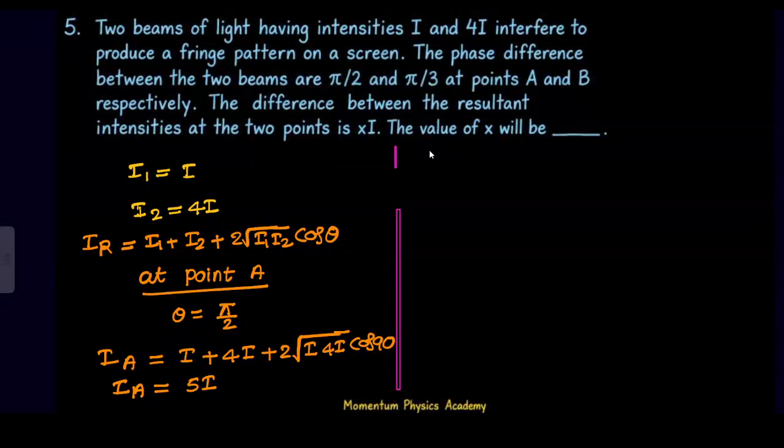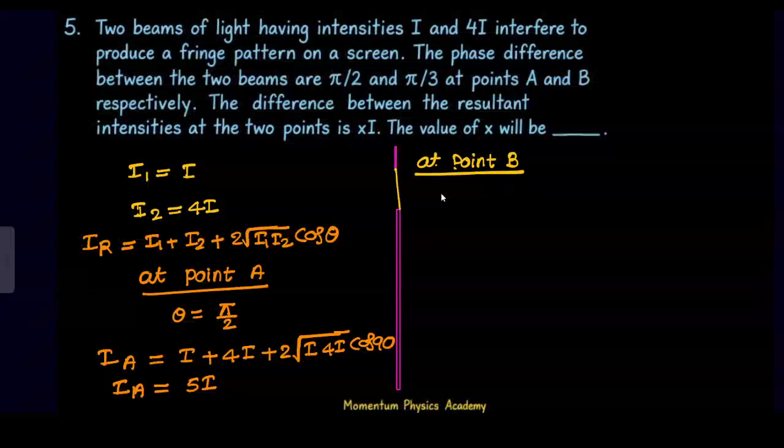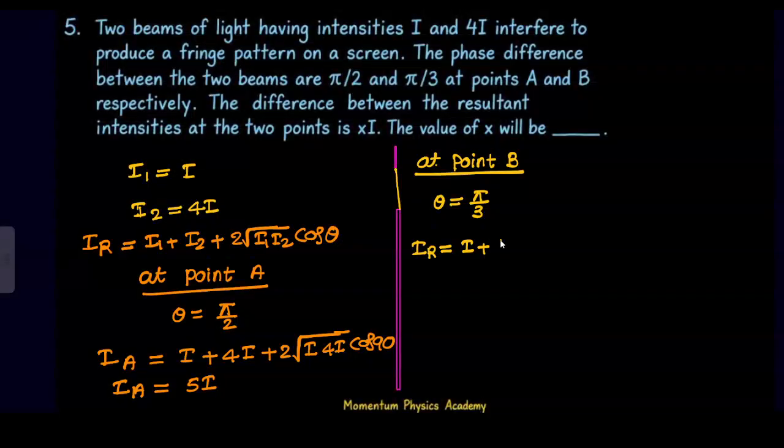Now let's find it at point B. At point B, the phase difference is given as pi by 3, that is 60 degrees. Substitute this value in the equation: I plus 4I plus 2 root of 4I square into cos 60.